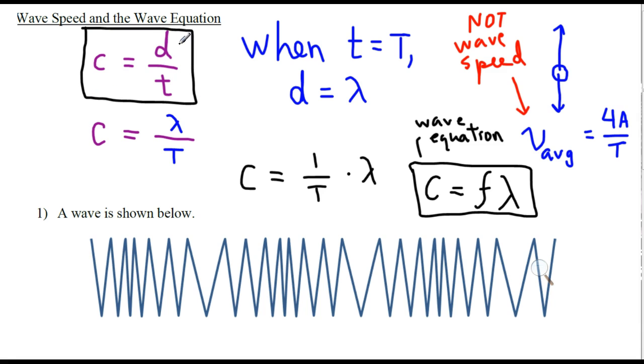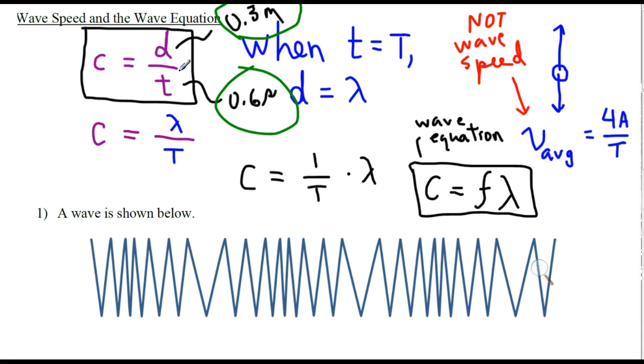If I tell you that a wave travels 0.3 meters and it takes 0.6 seconds, then you can take that distance, divide it by how long it took to do the distance, and find the wave speed. However, if I give you frequency and wavelength, that provides a second way to calculate wave speed.